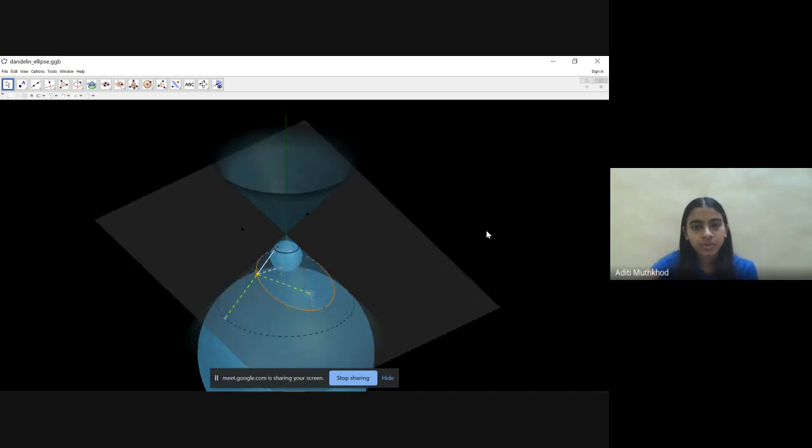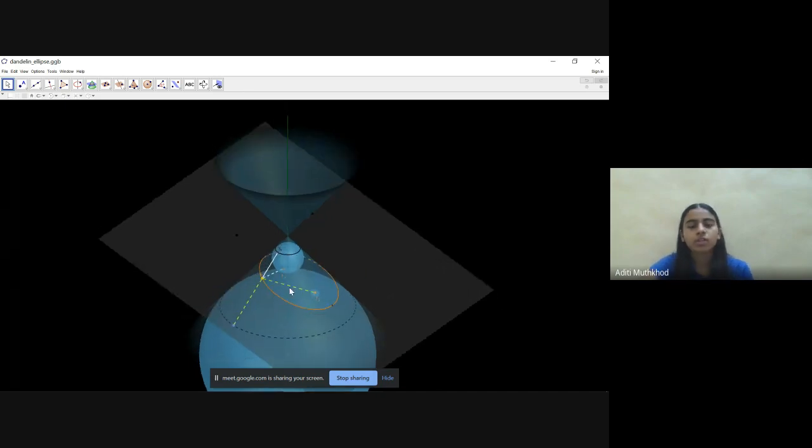So someone wanted me to repeat. So observe this. What do we know about this point P? It lies on the plane as well as on the cone. Because the plane is tangent to the sphere, we have PF1 tangent to the sphere, because any line passing through the tangency point would be tangent.